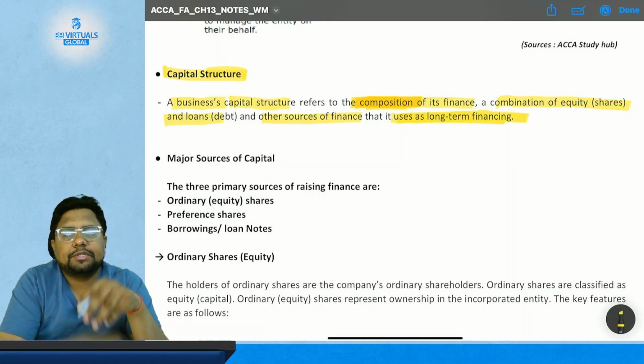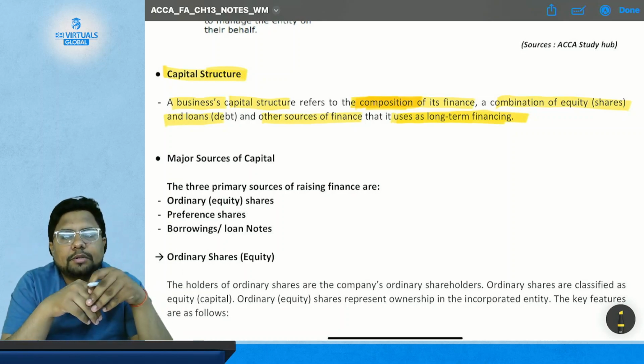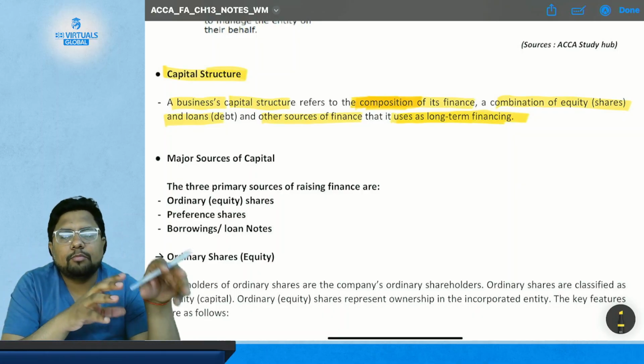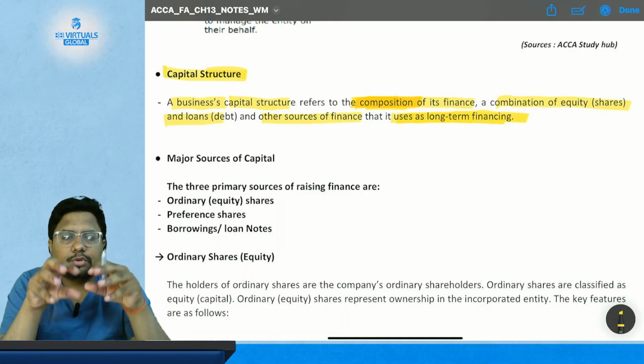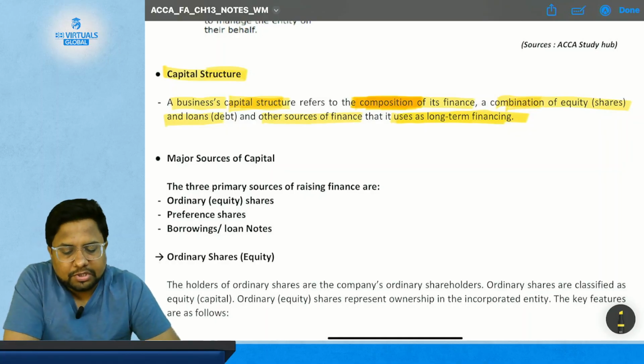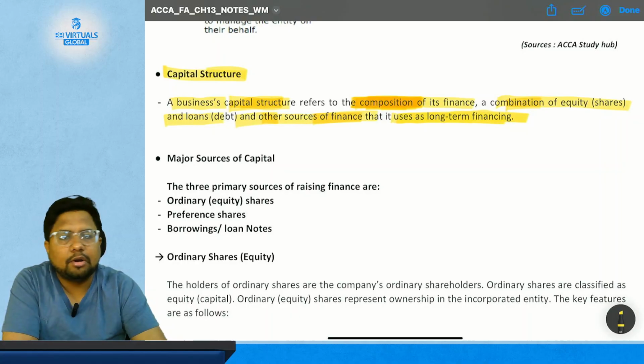It is the structure of different types of finance sources. It can be from ordinary equity shares, preference shares, or borrowing or loan notes.